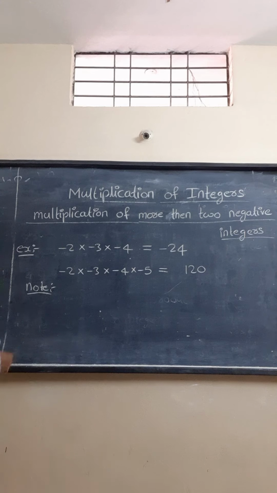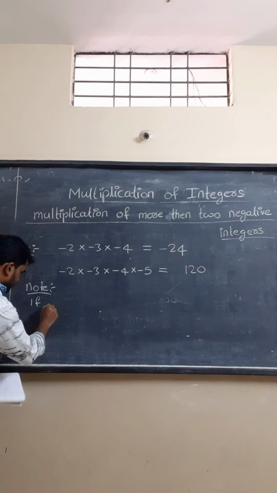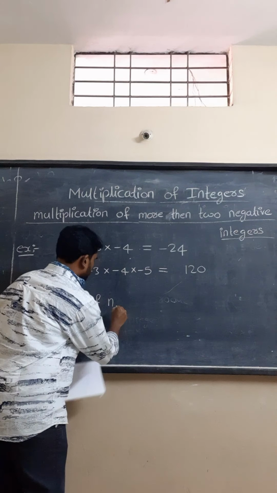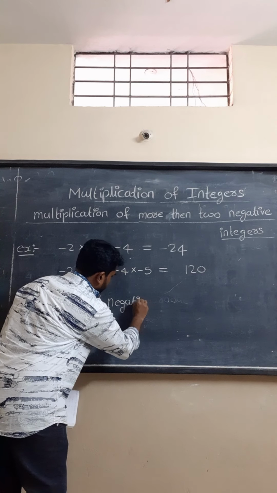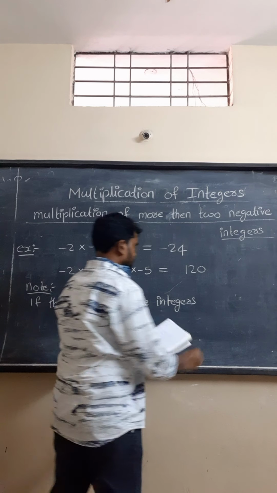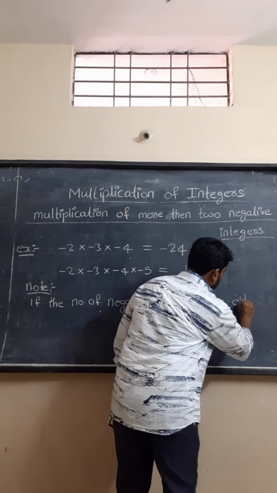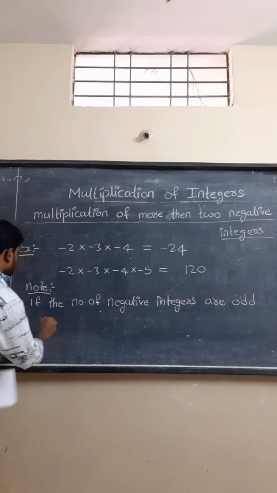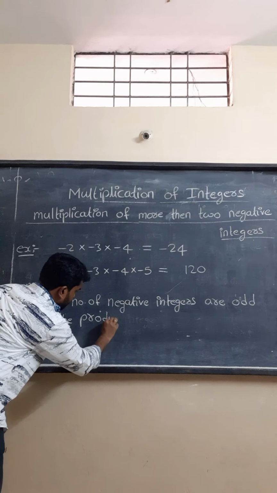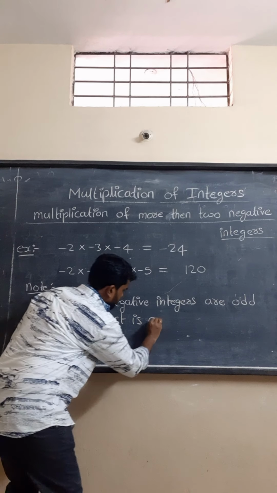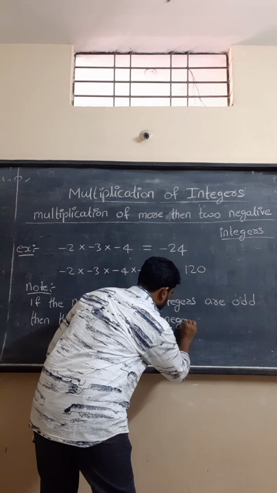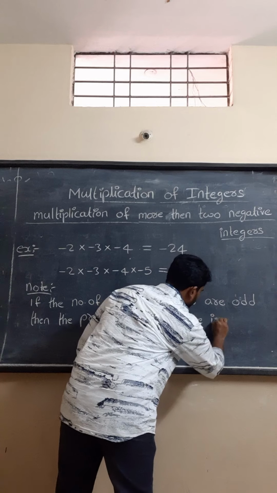If the number of negative integers are odd, then the product is a negative integer.